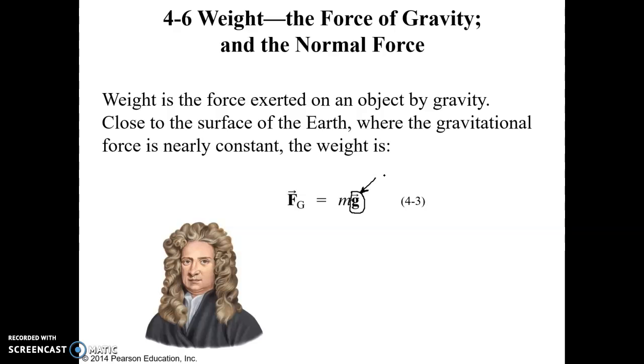Little g is the acceleration due to gravity, which is 9.80 meters per second squared. So this is really just still Newton's second law of motion, F equals ma, just in a very specific context, which is changing that a to a g. So the force due to gravity, also known as weight, is mg.